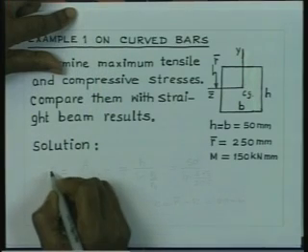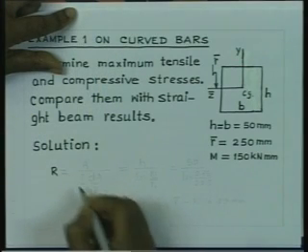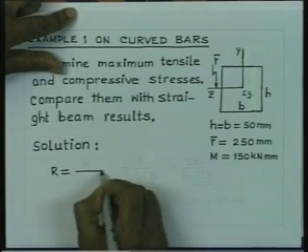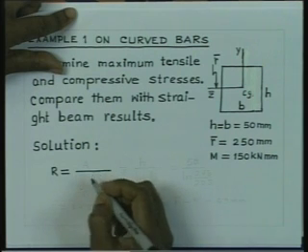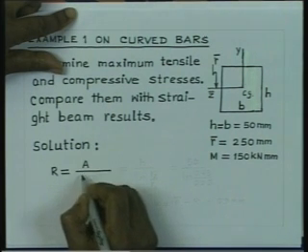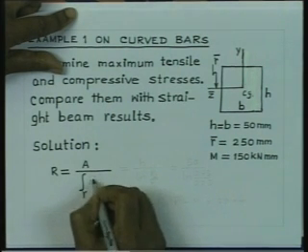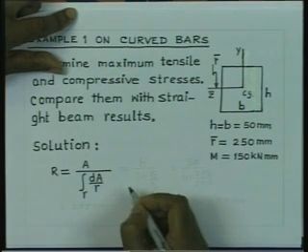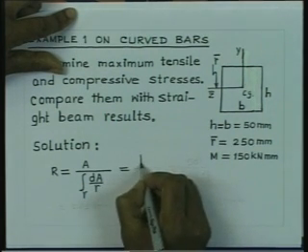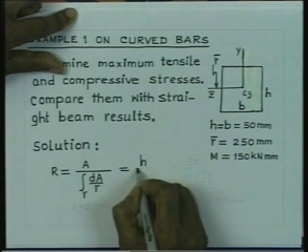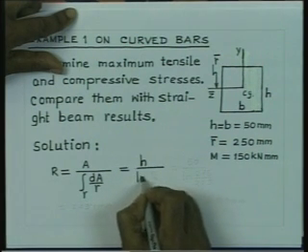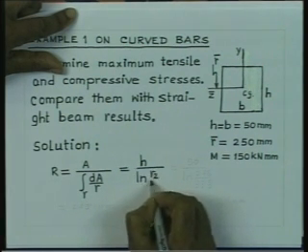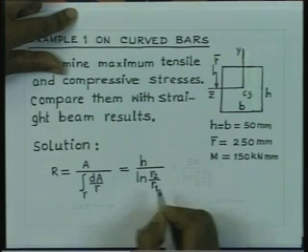Let us consider first this radius of curvature r, and we have already derived that that is nothing but h divided by ln r2 by r1.